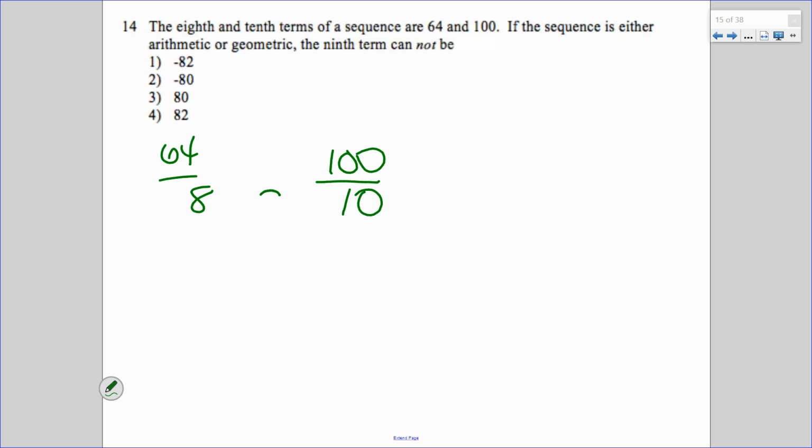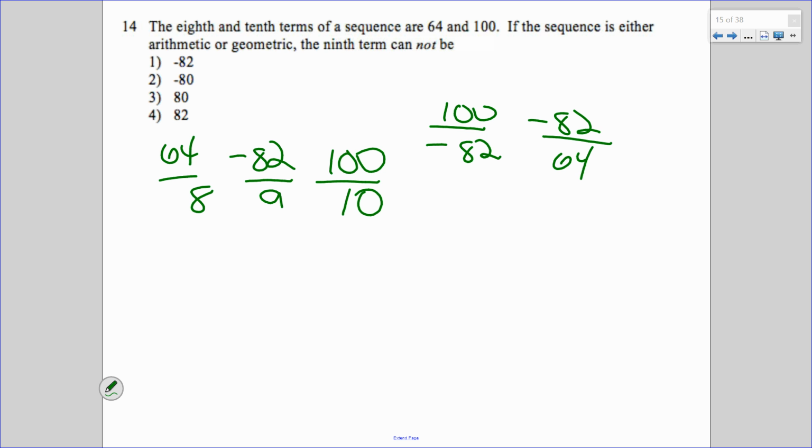If the 9th term is negative 82, because the signs are alternating, it would have to be geometric. So, if 100 divided by negative 82 and negative 82 divided by 64 give me the same value, then yes, it is going to be geometric.